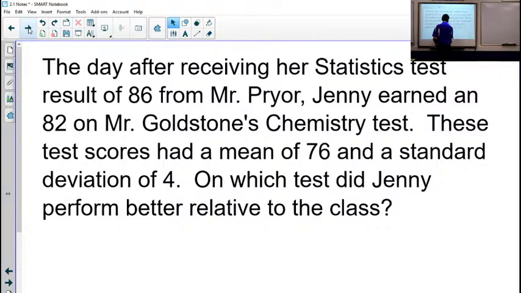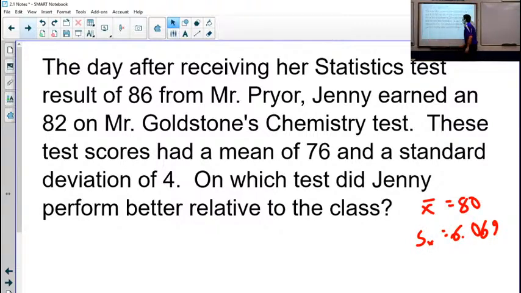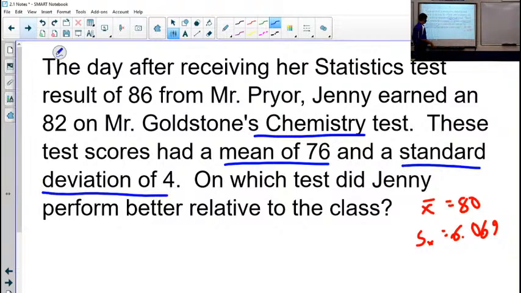Remember, for the stats, the mean was 80, and the standard deviation was this. Then there was a chemistry test. Completely different set of data, which had a mean of 76 and a standard deviation of 4.